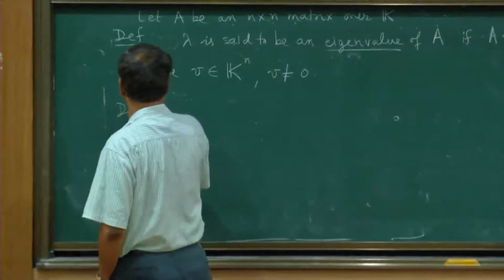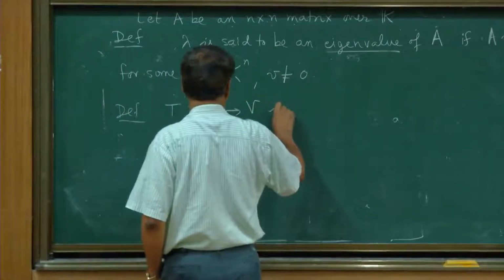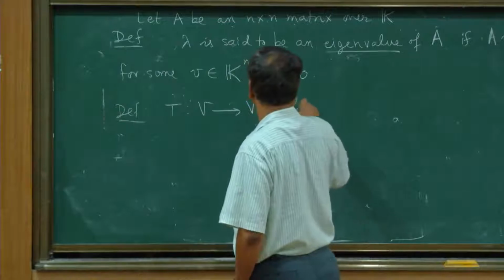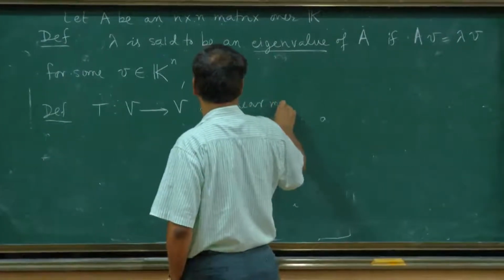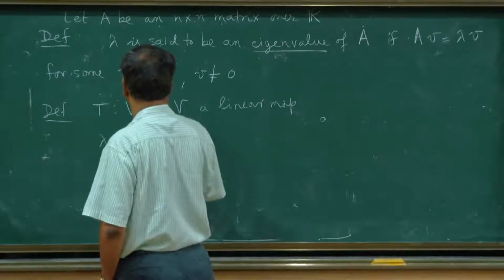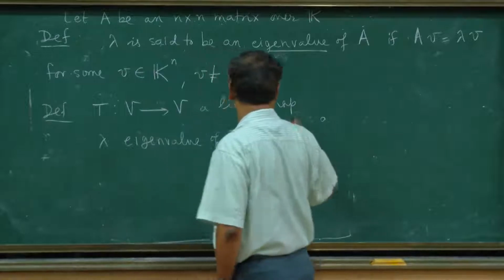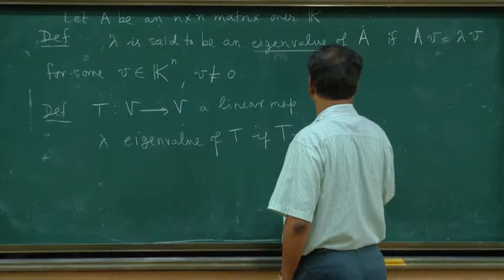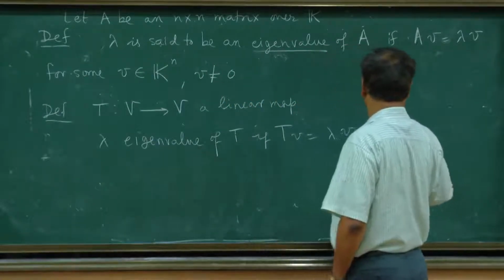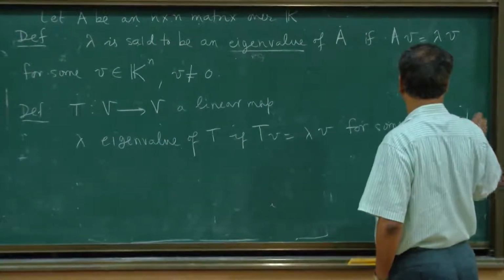Similarly, if I have a linear map T from V to V, lambda is an eigenvalue of T if T of V is lambda V for some V in V, V not equal to 0.